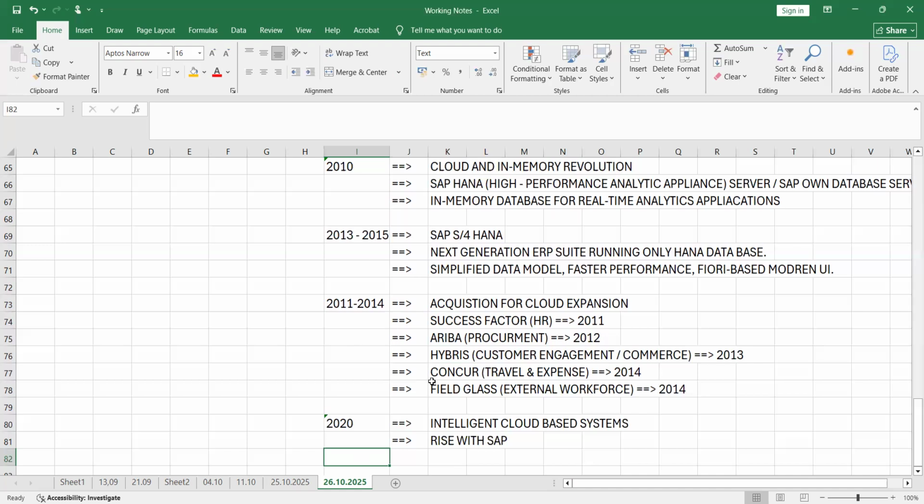Nothing but reports, integration, solutions, enhancements, and all this stuff we call RISE. We will work on this. R stands for realize impact, S for sustainability, E for enhance. This is not required to remember, but they came up with RISE with SAP.